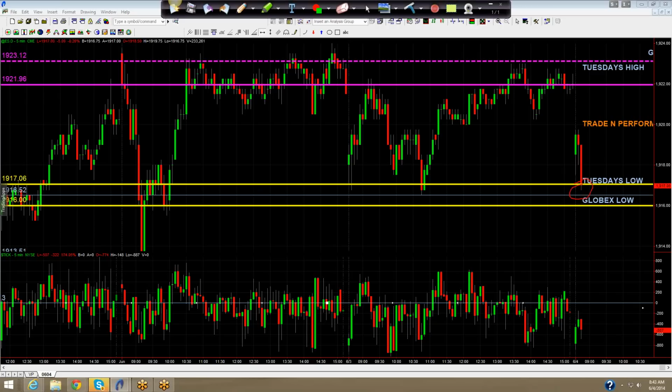I'm also taking, and again, I might be getting exposed here on both sides, a half size trade on ES at 1917. My stop is going to be 2 points behind the zone, so 1914 is my stop. And I'm on half size on both of those.